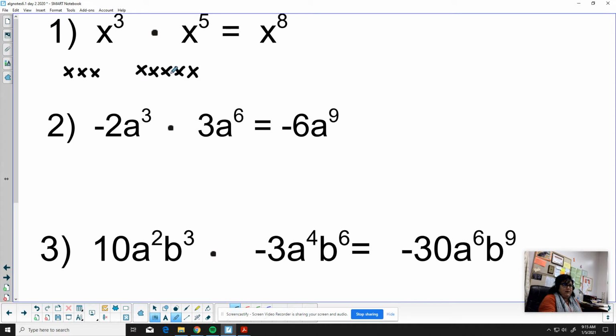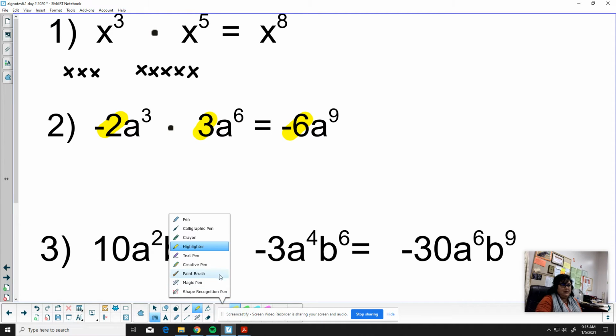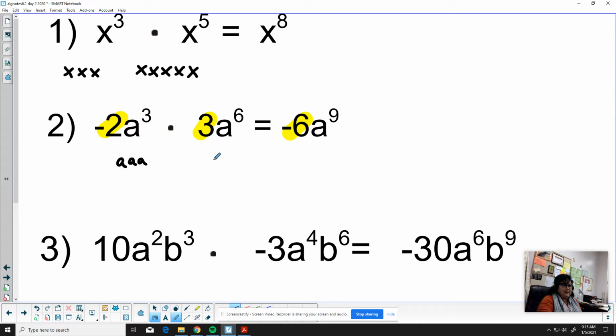There's 3 of them and 5 of them, so altogether there are 8 of them. Here we would multiply negative 2 times 3, which is negative 6. And on the a's, I could prove it by doing a, and then 6 a's over here, and if I add them together, that's to the 9th power.